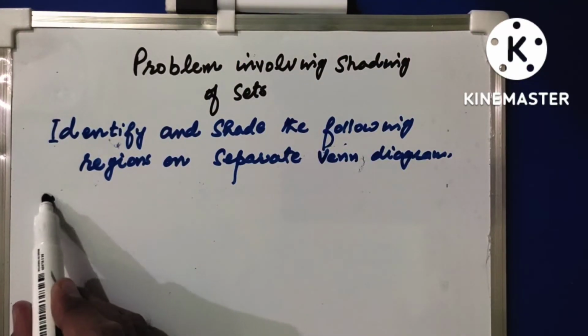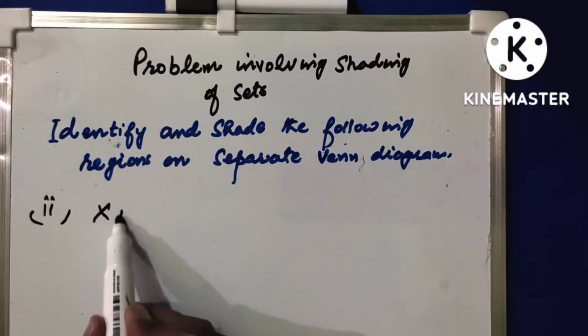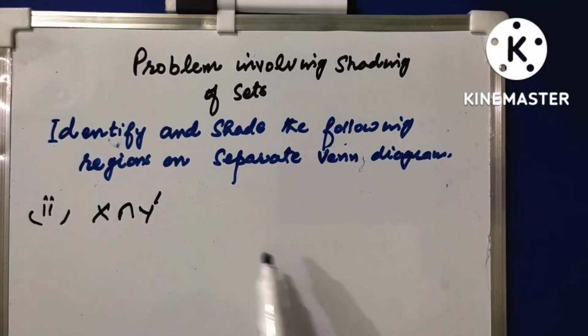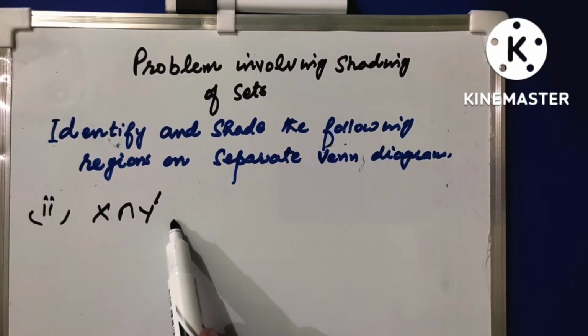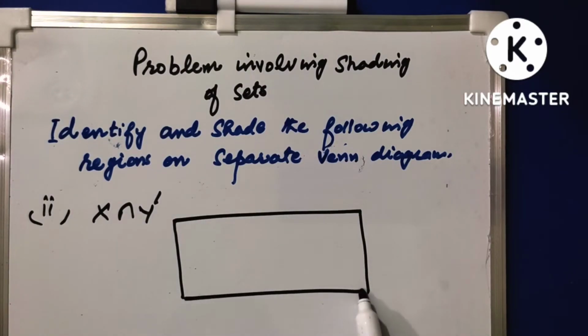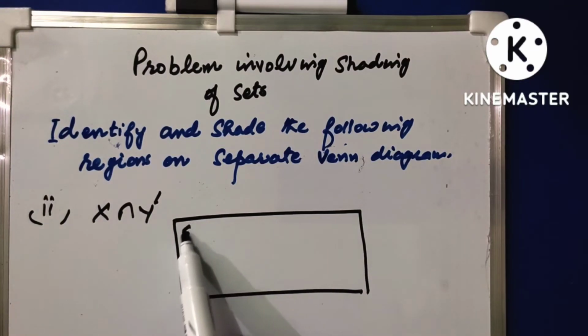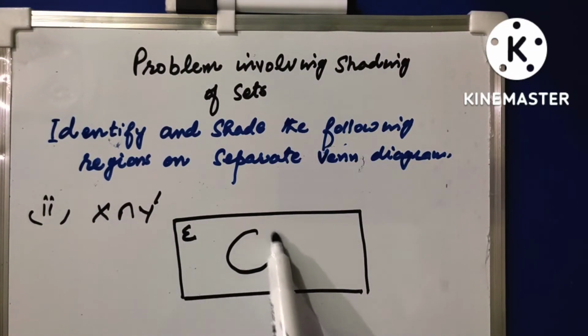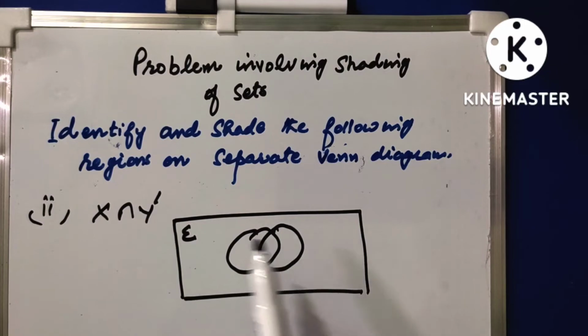Second part is X intersection Y complement. We can draw the Venn diagram again: universal set, X and Y. Not only numbers, we can also take alphabets randomly.